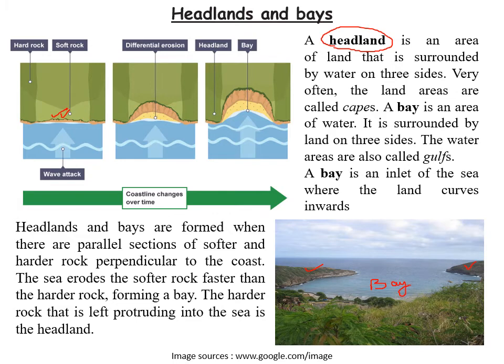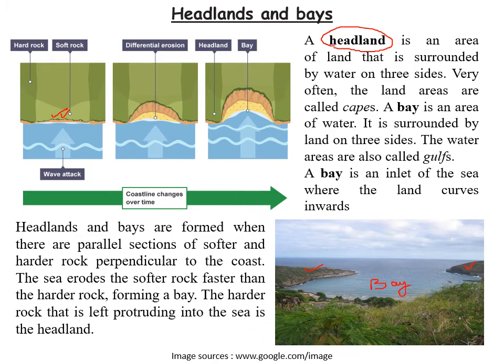by the landmass. So this forms a bay, and just at the side you may find a resistant hard rock which is less prone to erosion, and this hard rock portion is covered on its three sides by marine water. So these are the headlands.